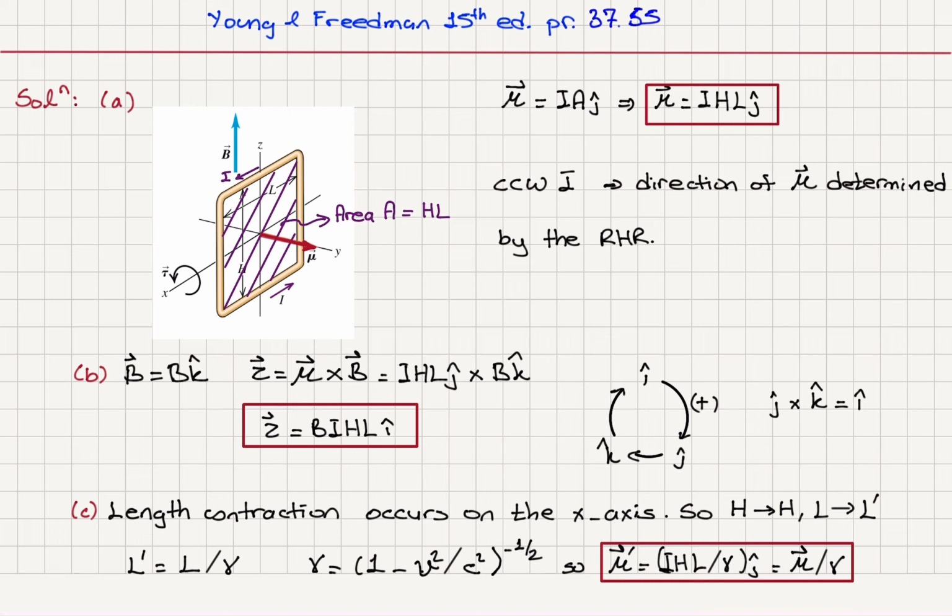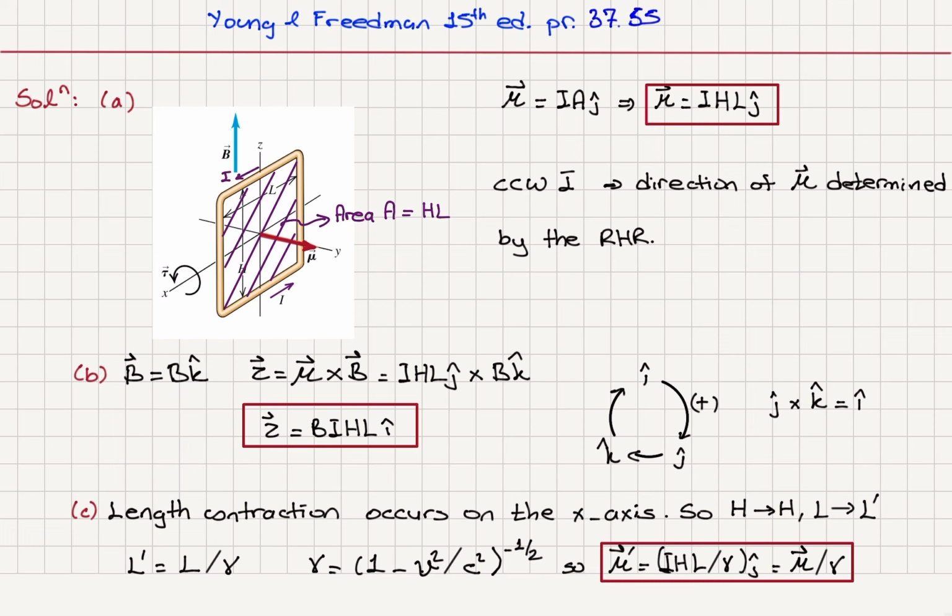It will be IHL prime j hat, or it's going to be mu measured in the laboratory reference frame divided by gamma. The current measured and the height measured perpendicular to the motion of the spaceship will not change.